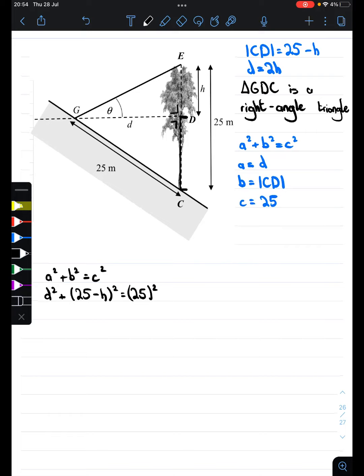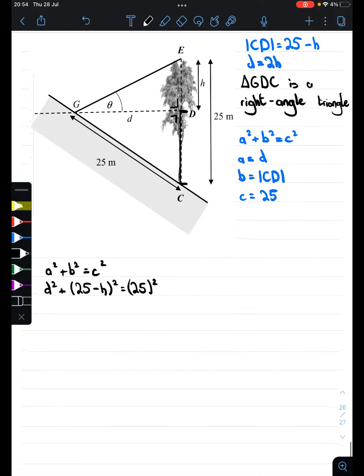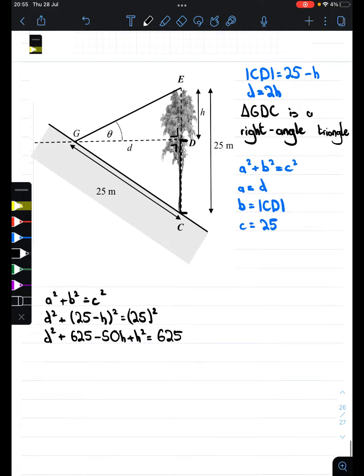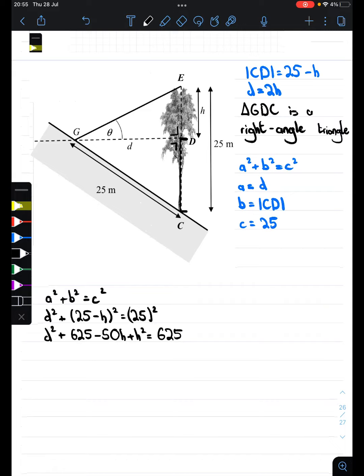So d squared plus 625 minus 50h plus h squared equals 625. Now we can use our other formula to get rid of the d.